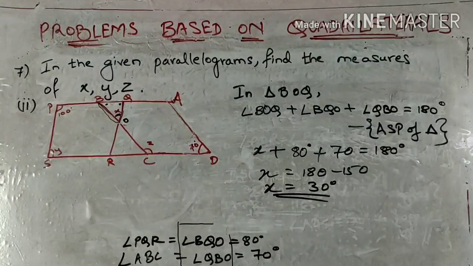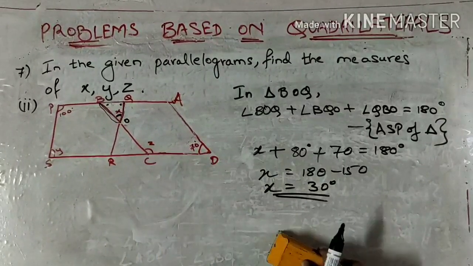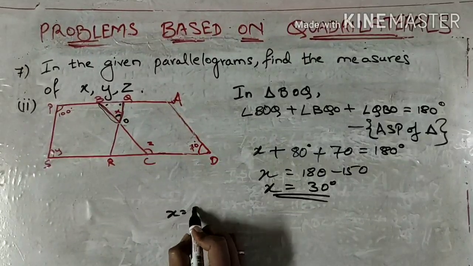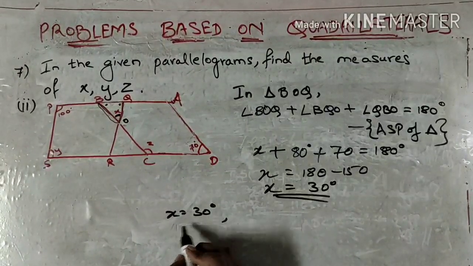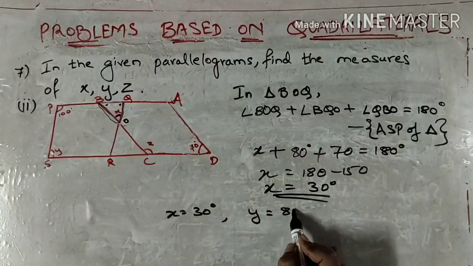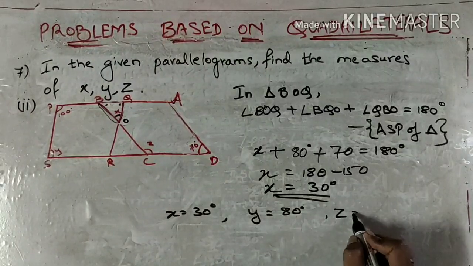With this we find the value of x as 30 degrees. So in the end we are supposed to write all the values that we have found out: x is equal to 30 degrees, y is equal to 80 degrees, and z is equal to 110 degrees.